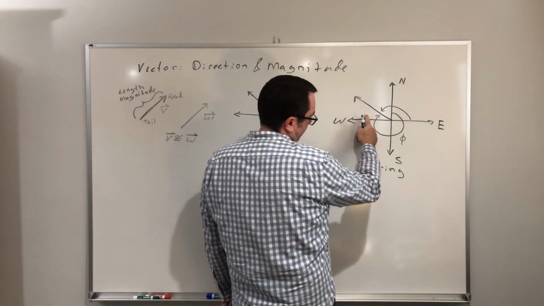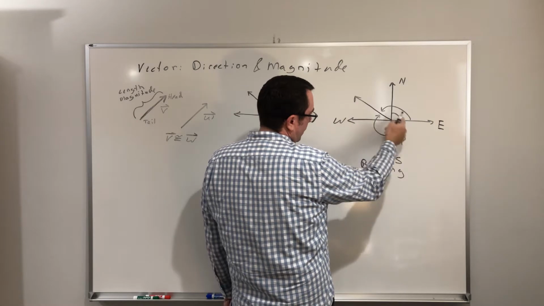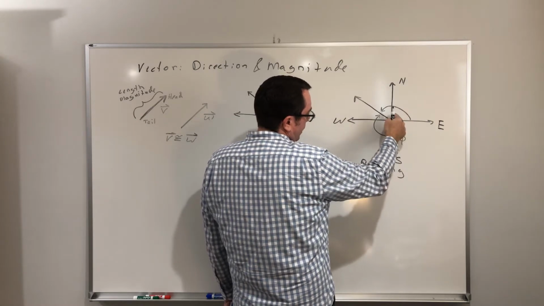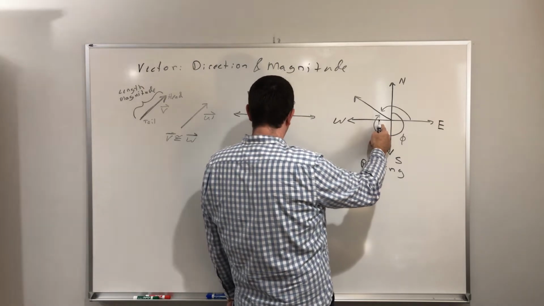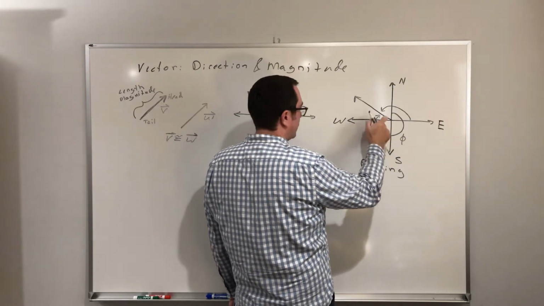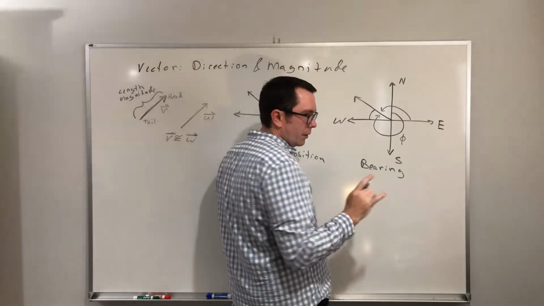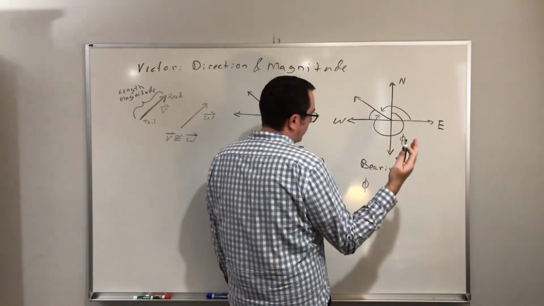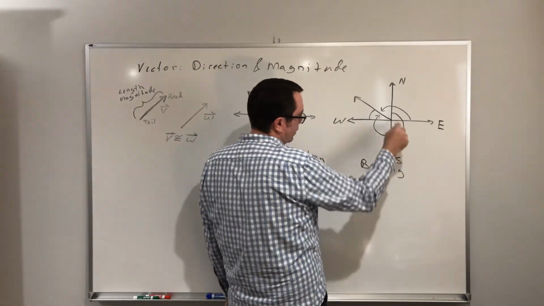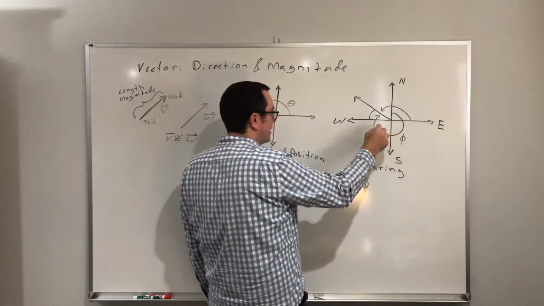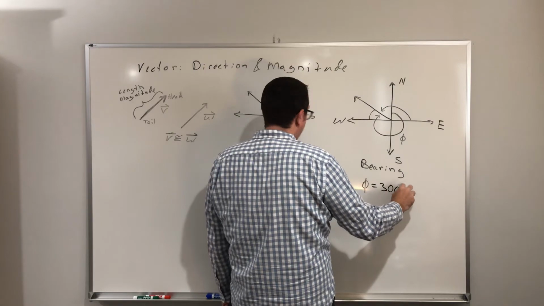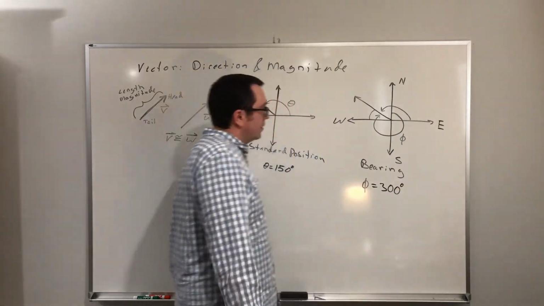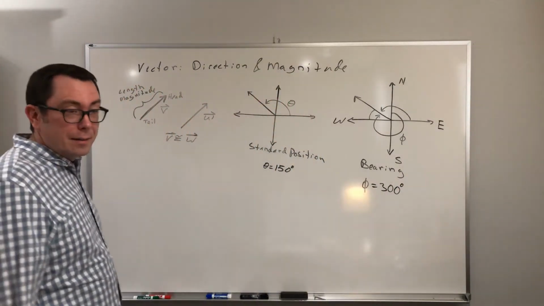Then 90, 90, 90, so this is 30 degrees, that's a reference angle. So 90, 180, 270 plus 30 should be 300 degrees. I did the arithmetic right.